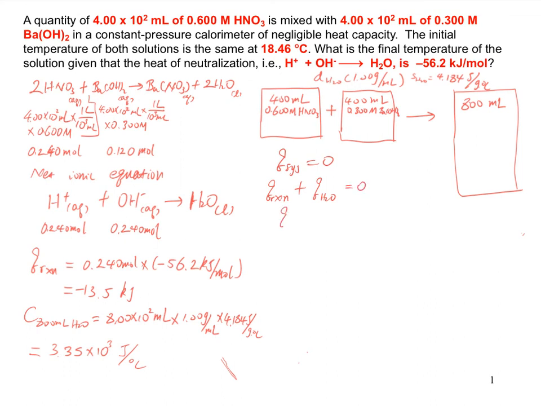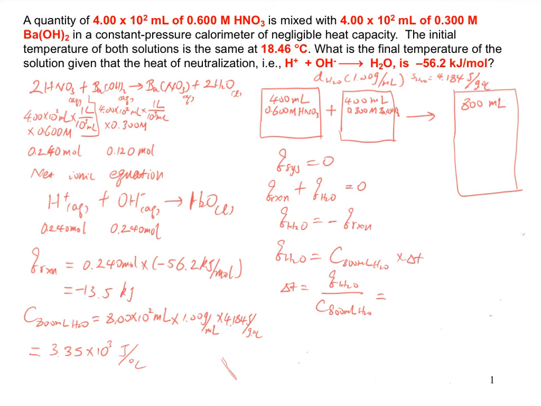That's 0. So Q water equals negative Q reaction. And Q water equals the heat capacity of the 800 milliliter of water times delta T. Therefore, the change of temperature equals Q water over the heat capacity of the water, and Q water equals negative Q reaction, where Q reaction is negative 13.5 kilojoule.